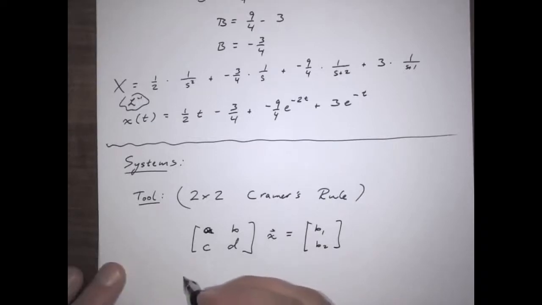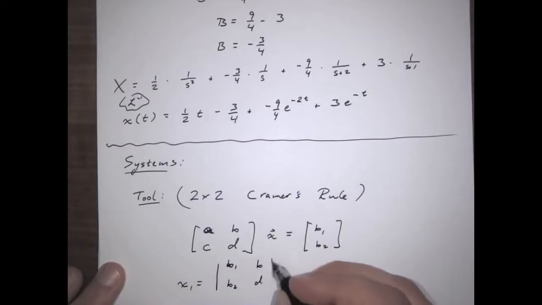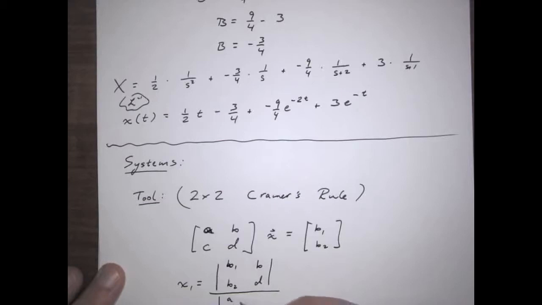then break it all down into x1 is equal to the determinant of b1, b2, b, d divided by the determinant of a, b, c, d.